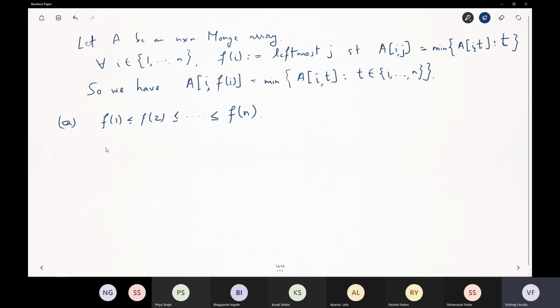Okay. So without loss of generality, let us simply prove f of 1 less than or equal to f of 2.